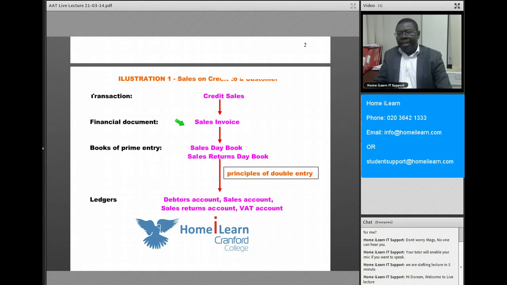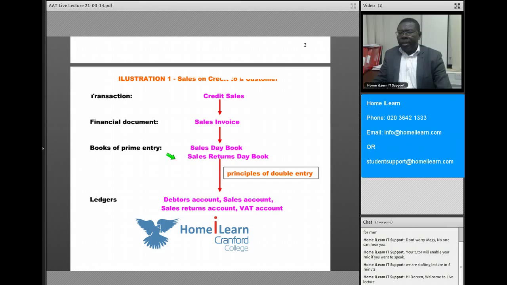This sales invoice is recorded in the book of prime entry, which is called the sales day book. There is a second book of prime entry, called the sales returns day book, and that is where a customer returns goods back to us. That will also require a different financial document, which is called a credit note.